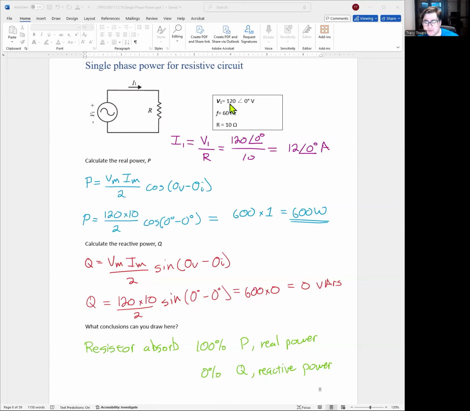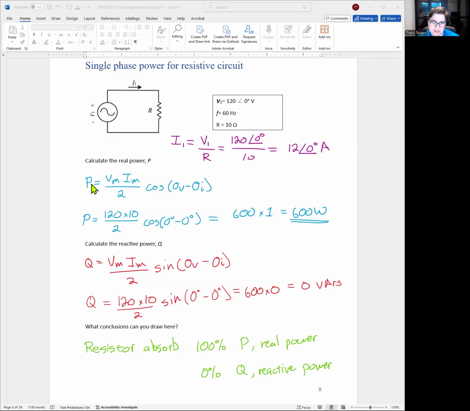We know voltage is 120 volts at an angle of 0 degrees, frequency is 60 hertz, R is 10 ohms. So Ohm's law: current I equals V over R. 120 angle 0 degrees divided by 10 ohms is 12 angle 0 degrees amps. Notice that the angle of the voltage is 0 degrees and the angle of the current is 0 degrees. So immediately you can see there's no phase shift. That should already give you a hint of what's going to happen.